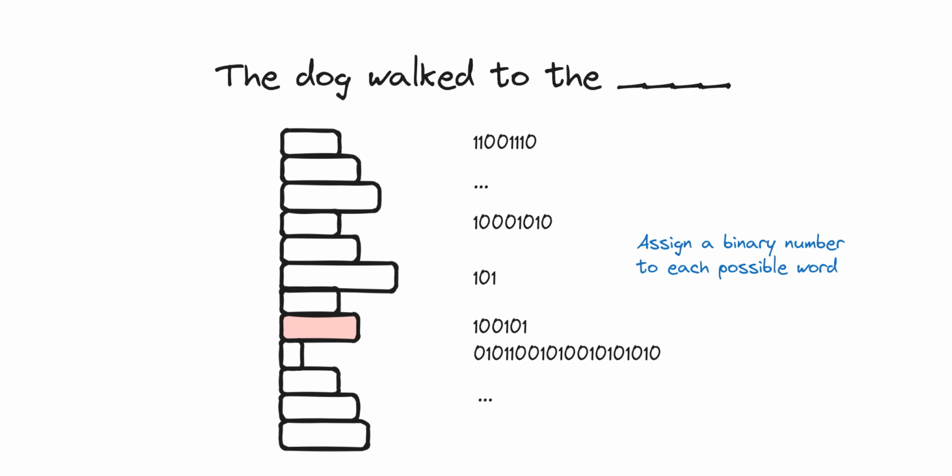So in this example here, maybe we place a short string, 101, on the word park, and a somewhat longer string, 100101, on the word lawn. Words that are totally irrelevant might have very, very long strings. But in general, we have a binary number for each possible word that we predict.